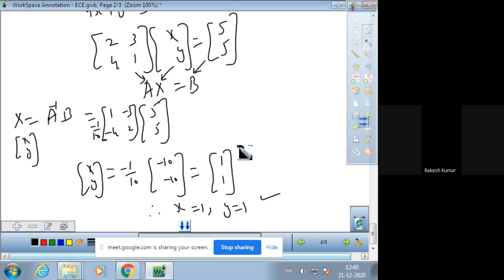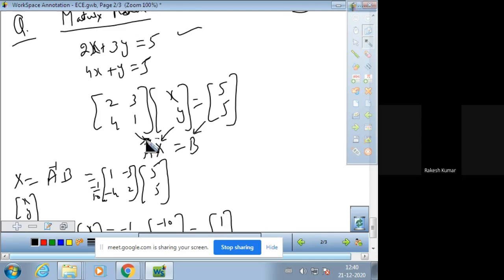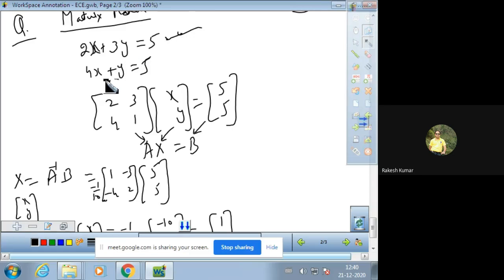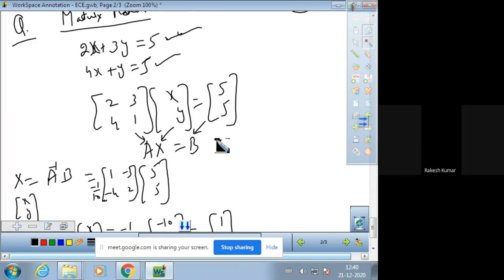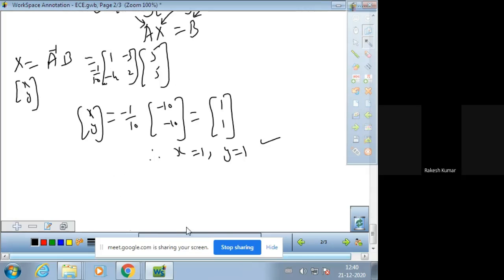And clearly your values of x and y also satisfy this system. So this is another method for solving a system of equations.